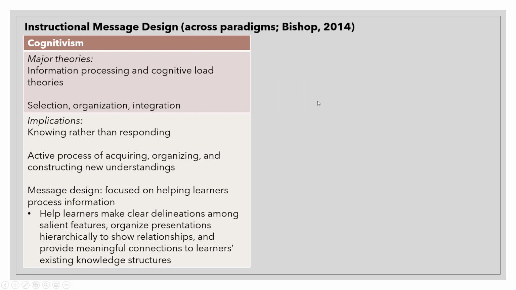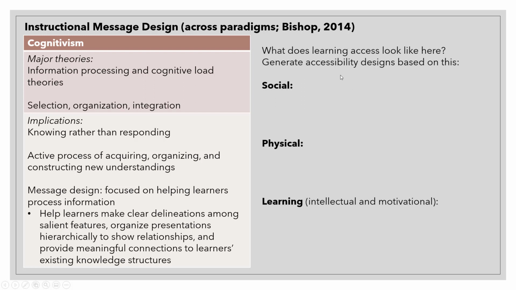So once again, we want to think about, okay, what would learning access look like under a cognitivist paradigm in terms of social access, physical access, and learning access, intellectual and motivational. So we take these ideas and start to think, well, how can I use these theories to help facilitate intellectual and motivational access? What might that suggest for our practices?